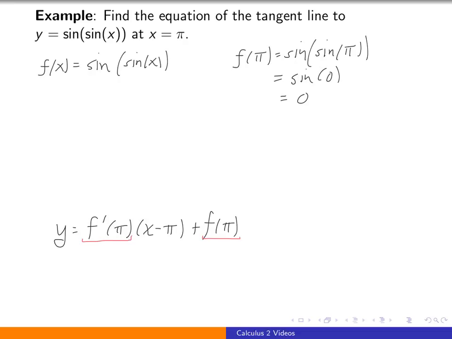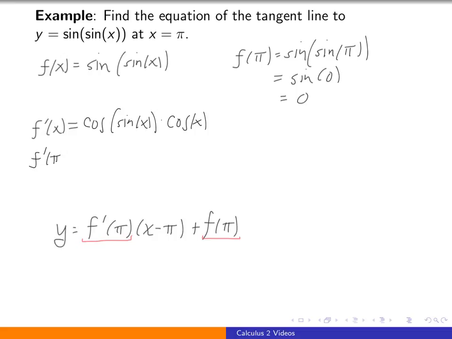Now we need f prime so that we can figure out f prime of pi. So to find f prime, we have a composition, sine of sine. So we take the derivative of the outside function, evaluate at the inside function, and we multiply it by the derivative of the inside function. So the derivative, f prime, is cosine of sine multiplied by cosine.